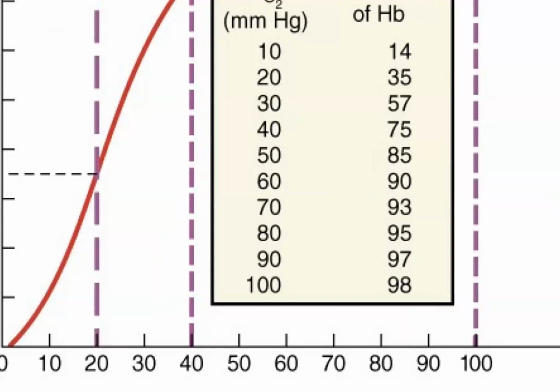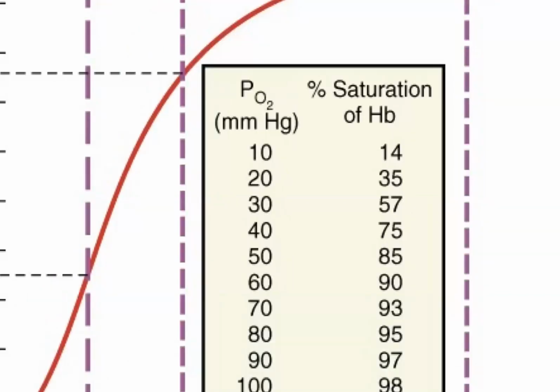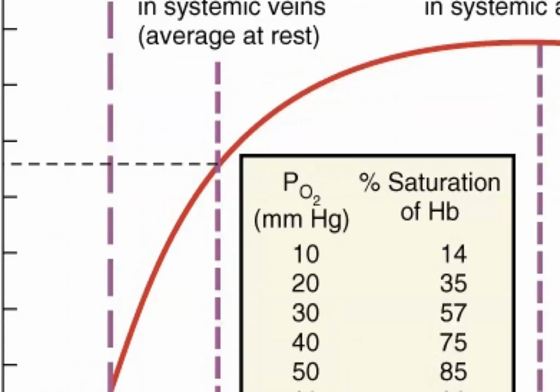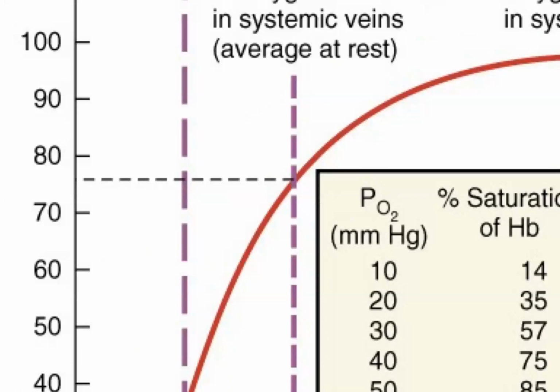Why? Well, it's not active. It doesn't require a lot of oxygen or glucose because it's not very active. So what happens at a PO2 of 40? The red blood cells leaving that area are almost 78%, 76% saturated.